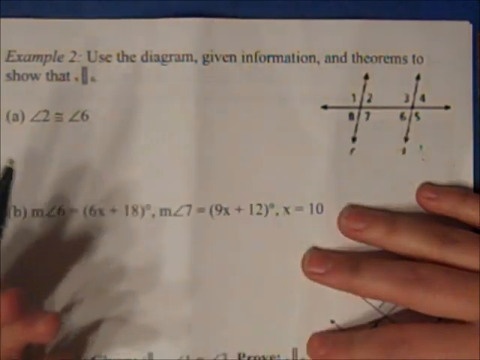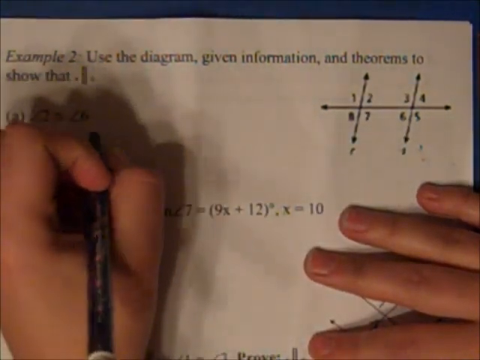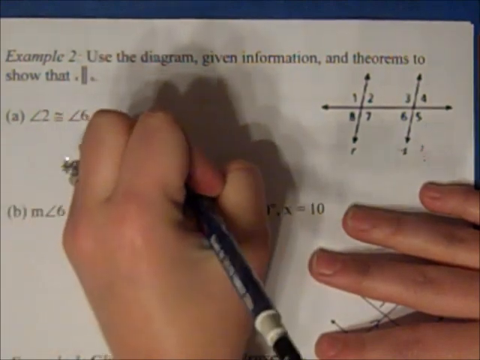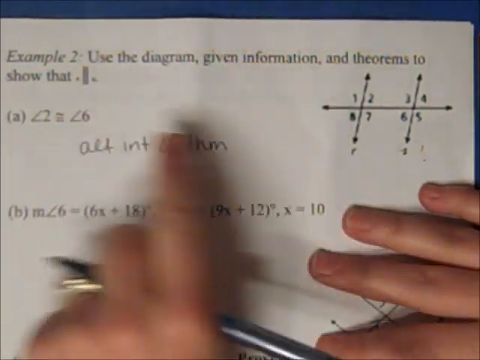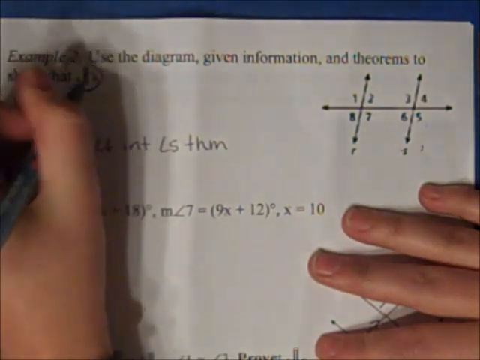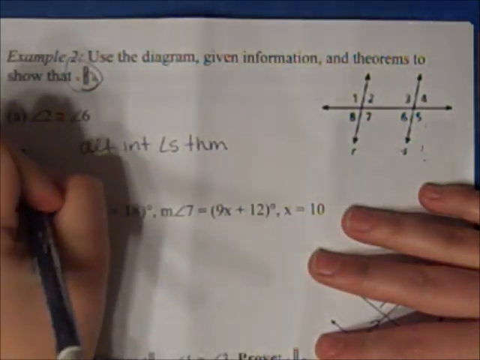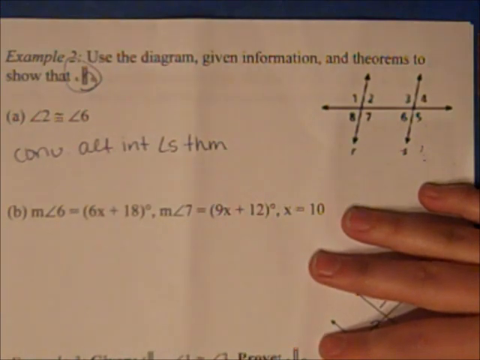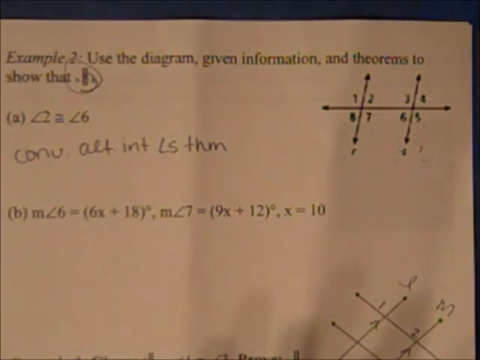Well, what kind of angles are 2 and 6? 2 and 6 are alternate interior angles. And if I'm proving lines are parallel, I'm going backwards, so that's going to be the converse of the alternate interior angles theorem. There's not even any work to be done on that problem. The angles are congruent, therefore the lines are parallel. You're going backwards, so it's converse.